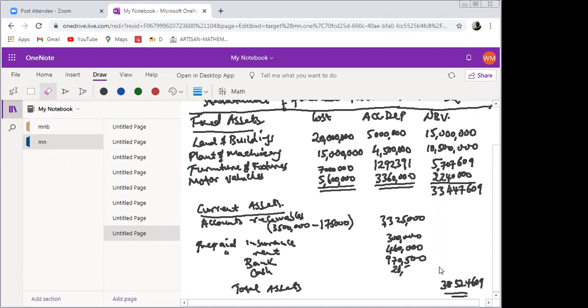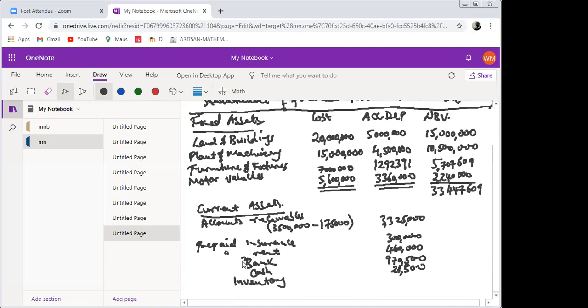The figure we had for the current assets, but I will just include inventory. This was 21,500. We include inventory.